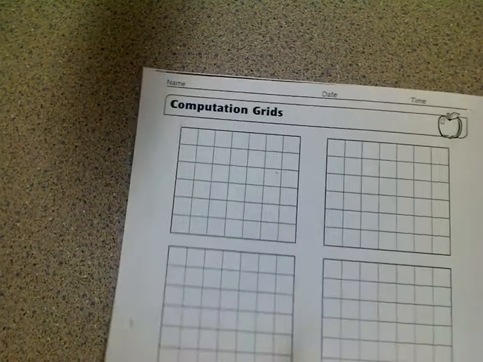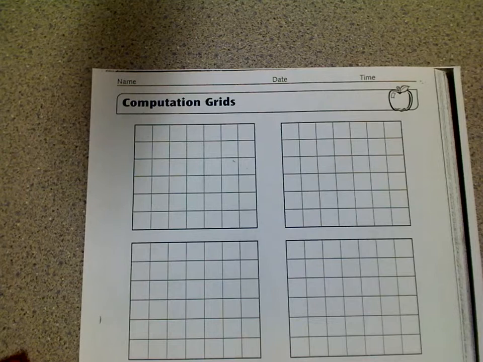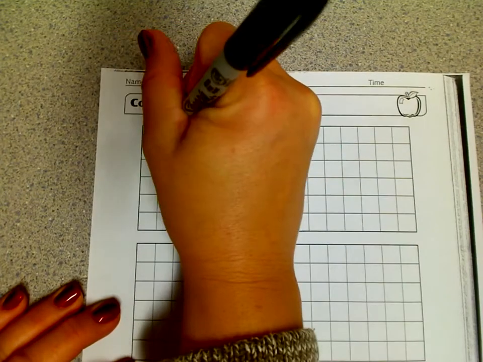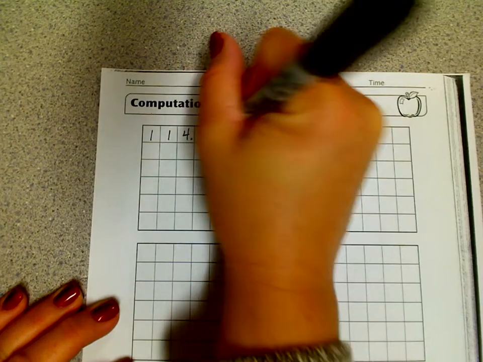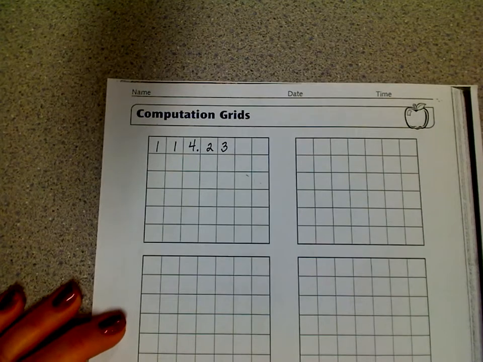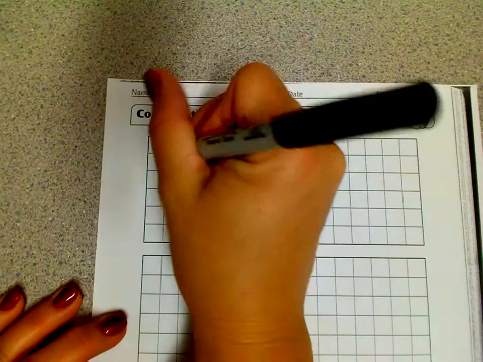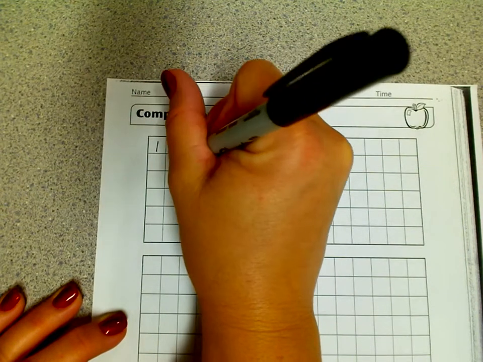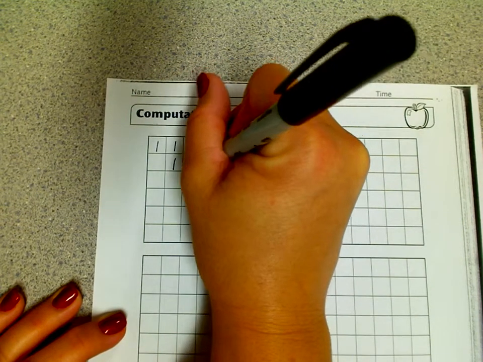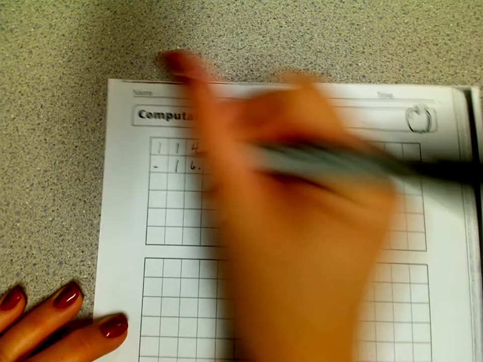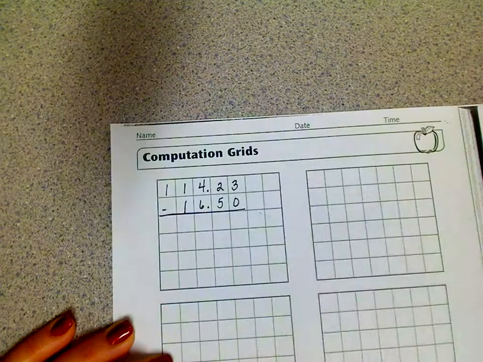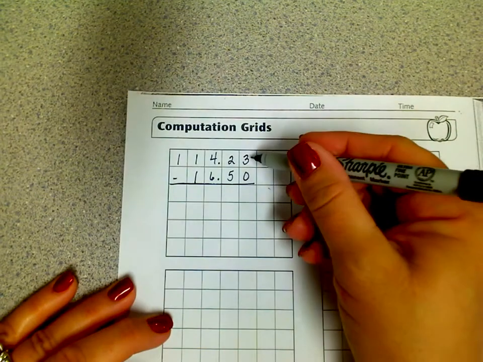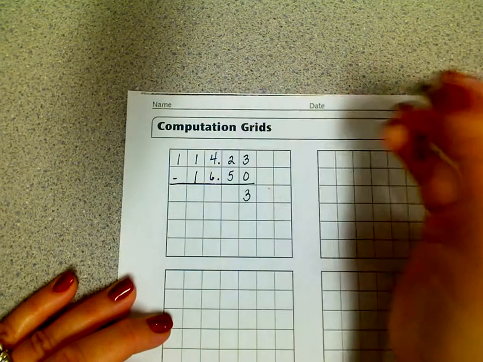I'm going to use a computation grid so that it's a little bit easier for us to see. $114.23, remembering to add my decimal point in there, minus 16.50. So important to remember to line up your decimal points. And we are subtracting. Three minus 0, 3.